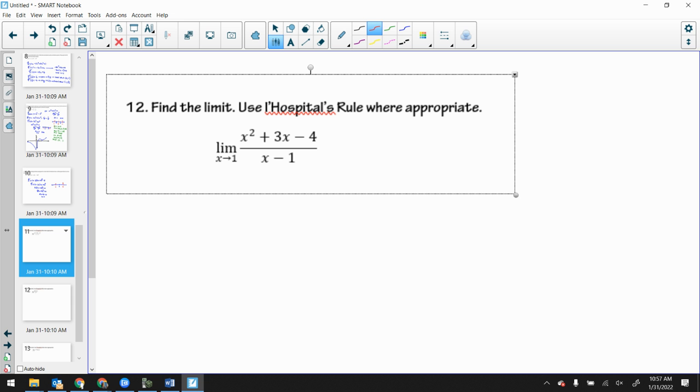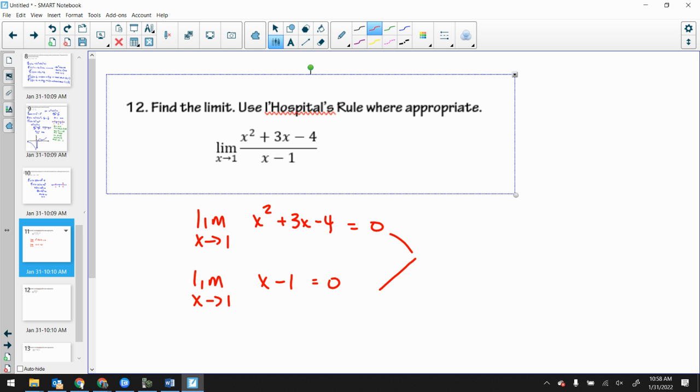I mean that if I show this, limit as x goes to 1 of x squared plus 3x minus 4. What is the limit as x goes to 1 of this? 0, because I can just plug it right in. What is the limit as x approaches 1 of this? 0. So this is a 0 over 0, so I can use L'Hopital's rule, right?